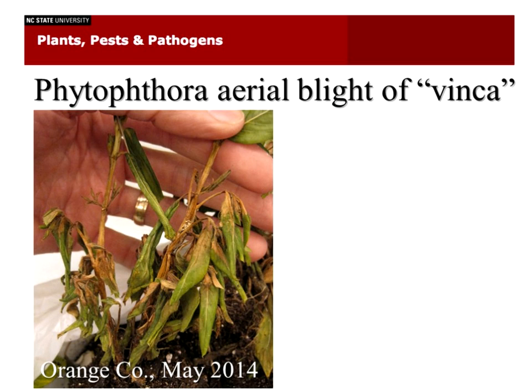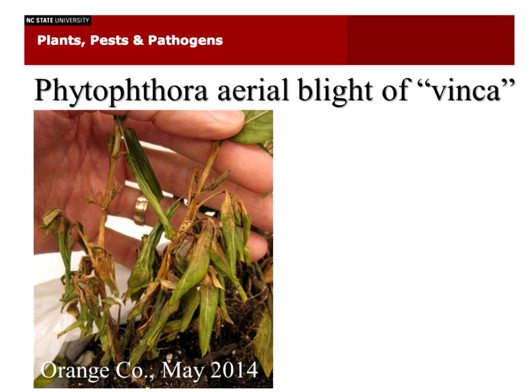This is a sample that came in May of this year from Orange County, and you can see how the necrosis, or the death of this tissue, can be pretty extensive on this plant.